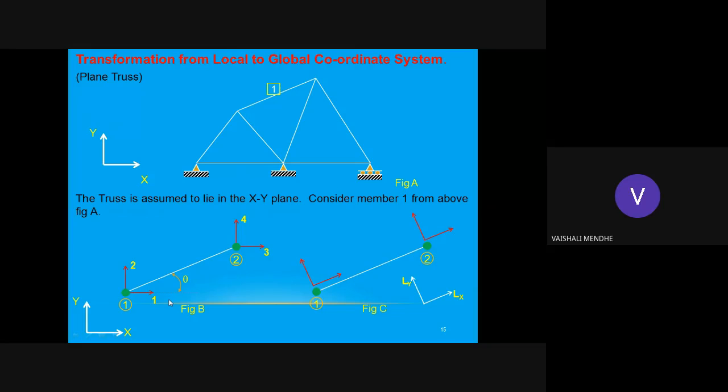I hope that by seeing these figures you now understand what is meant by global coordinates and what is meant by the local coordinate system. Now we have to assemble the transformation matrix.